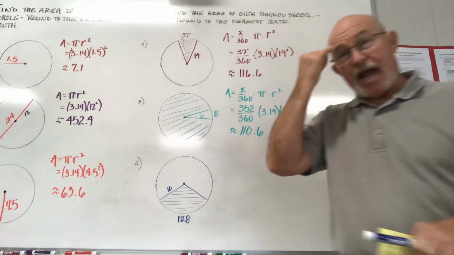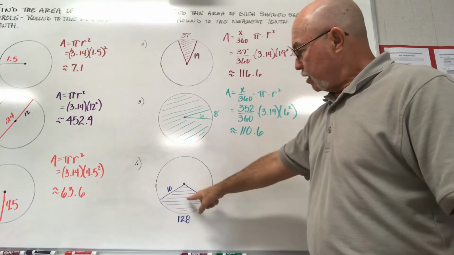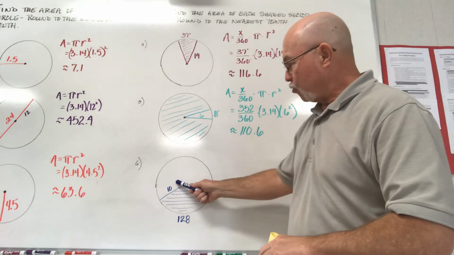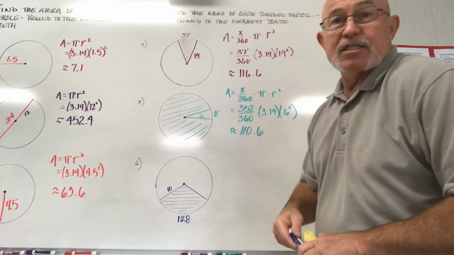And our last diagrammed problem here is this one. We're going to find that wedge. The radius is 10. The x is 128.